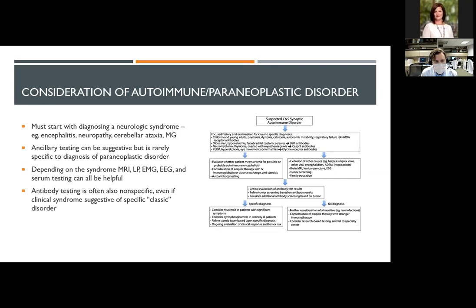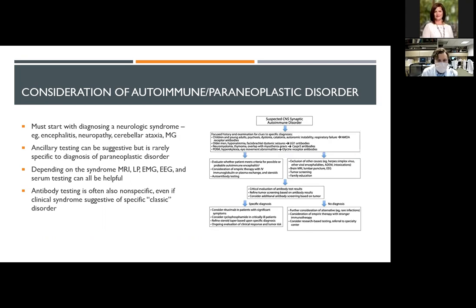So in terms of how to think about diagnosing them, I'm sure if you've ever been a part of trying to diagnose someone with a paraneoplastic disorder, it ends up being very difficult. There's not really a lot of specific tests, with some exceptions, and there's no test which is by itself really sensitive and specific. We end up having to do a lot of tests and a lot of ruling other things out. It usually ends up being very difficult and very expensive.